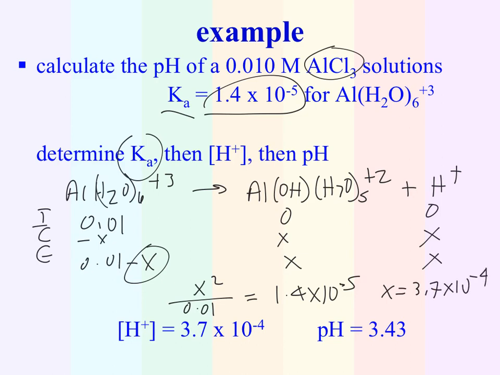And I take my x value, and since it's directly equal to the concentration of H plus, I can just take the negative log of this value, and that subsequently gives us a 3.43 pH solution. So obviously our solution is much more acidic than a neutral situation, and as you can see, these positively charged cations can cause a decrease in pH of your solution.